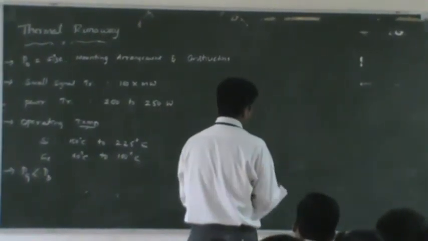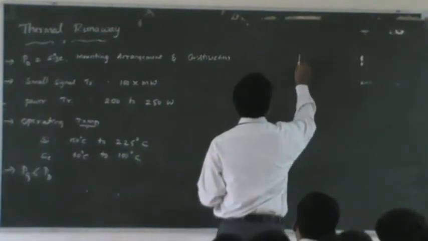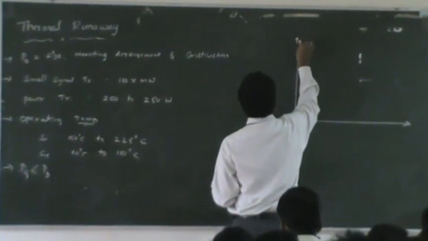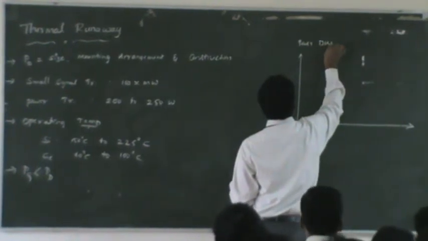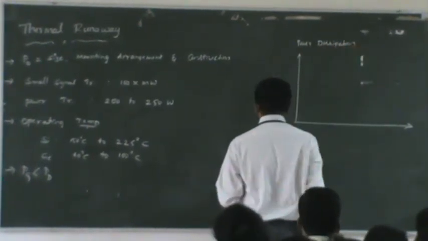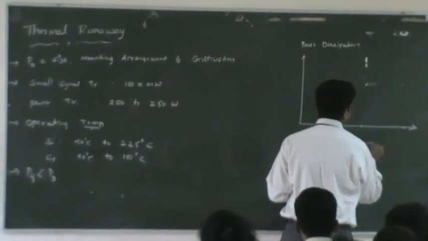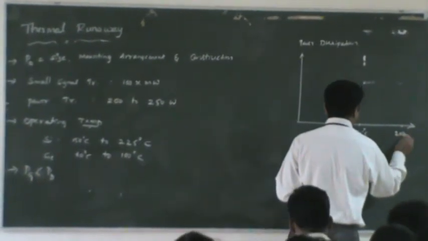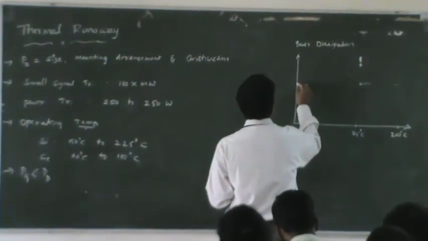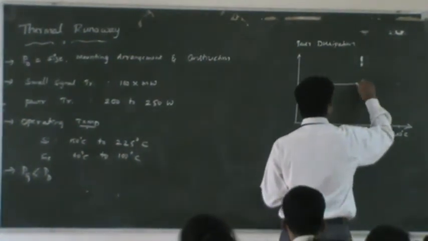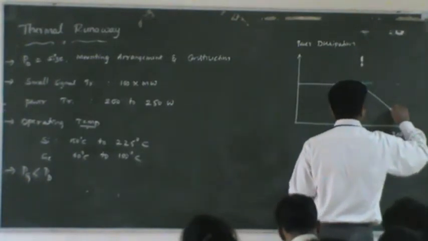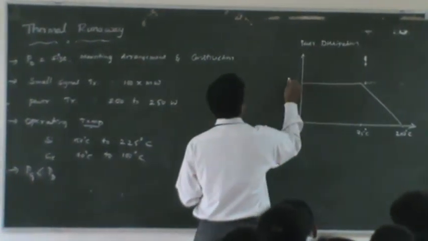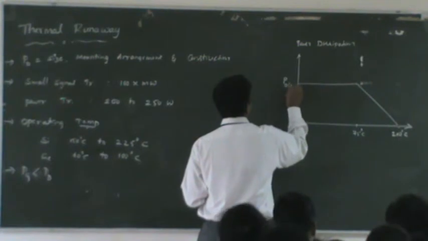Before that, I would like to draw a few graphs here. You can see the power derating graph. The y-axis is power, and the last one is going to be 200 degrees Celsius. You can see that beyond 75 degrees Celsius, the power dissipation keeps on decreasing. So it is PD max.